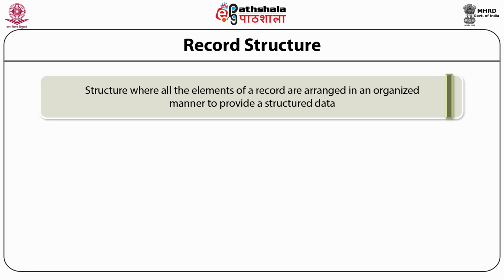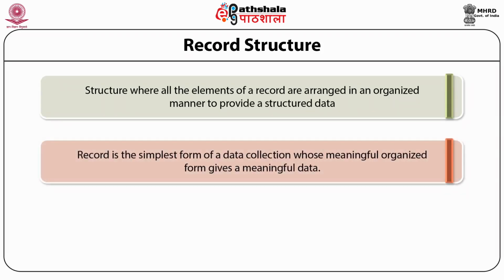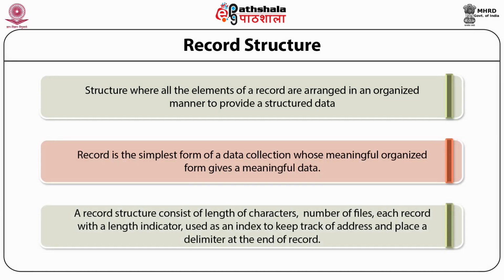Structured data is what we call a record in a database management system, and it is the simplest form of data collection, whose meaningful organized form gives meaningful data. A record structure normally consists of length of character, number of fields, each record with a length indicator used as an index to keep track of address, and a delimiter placed at the end of the record.